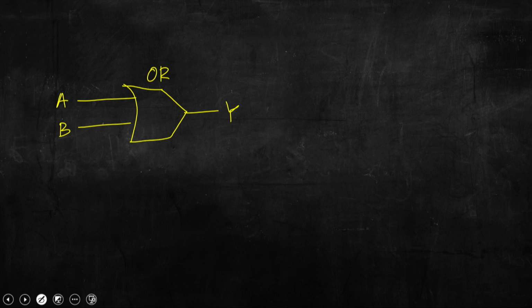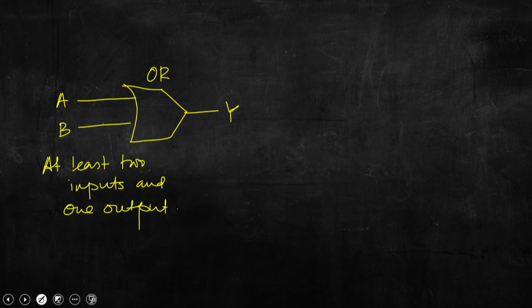The OR gate has at least 2 inputs and 1 output. Let me write a few points about this particular gate.